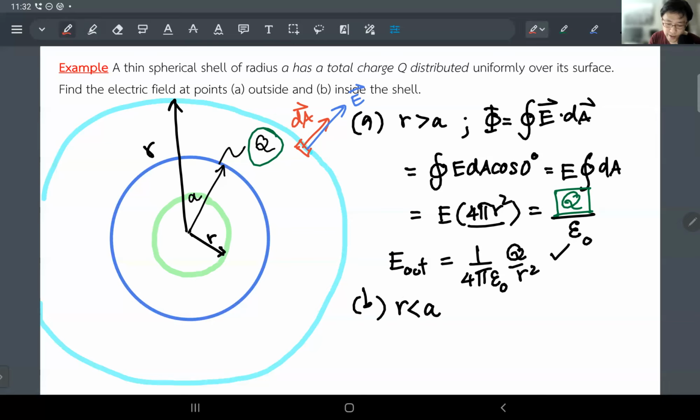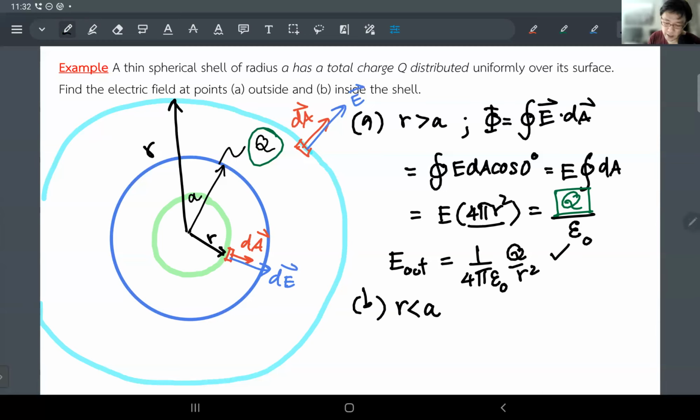However, on the surface, everything looks exactly the same. The dA is still pointing out in the radial direction, perpendicular to the sphere. Electric field by symmetry points in the radial direction, in all directions equally as well. So still the same exact setup.